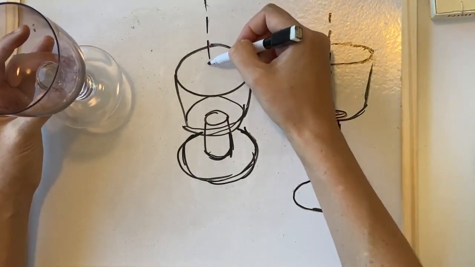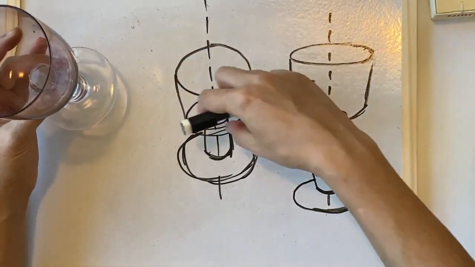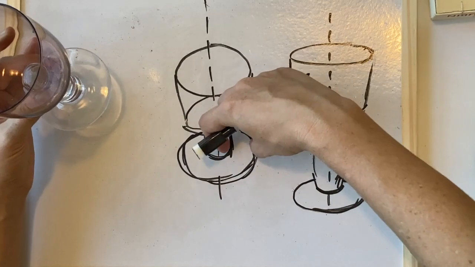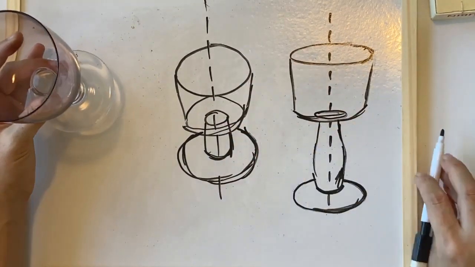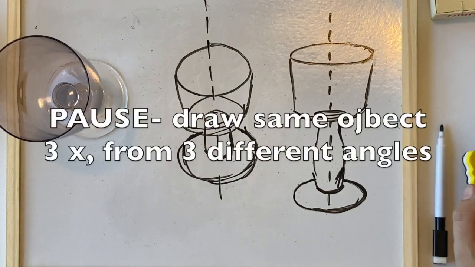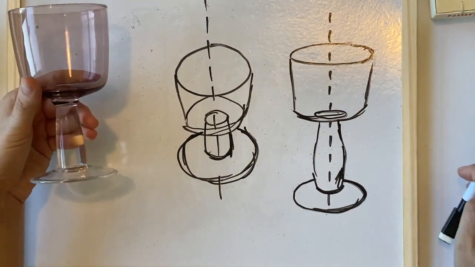Let's see. Okay. So now take an object and draw it 3 different ways from 3 different angles.